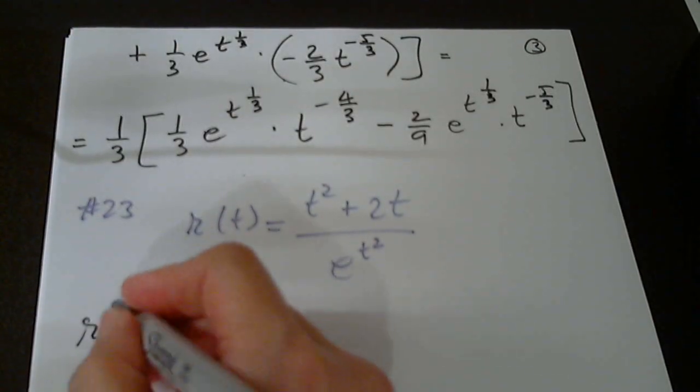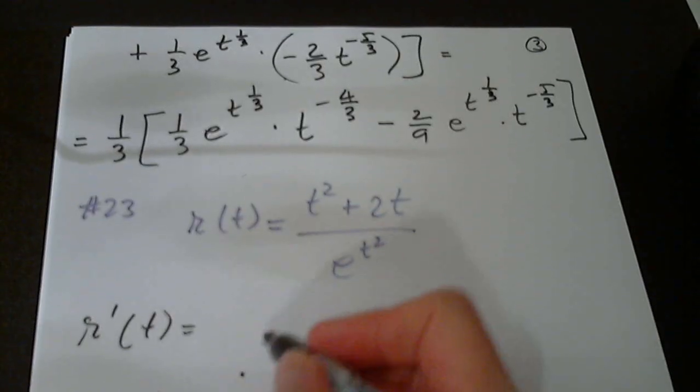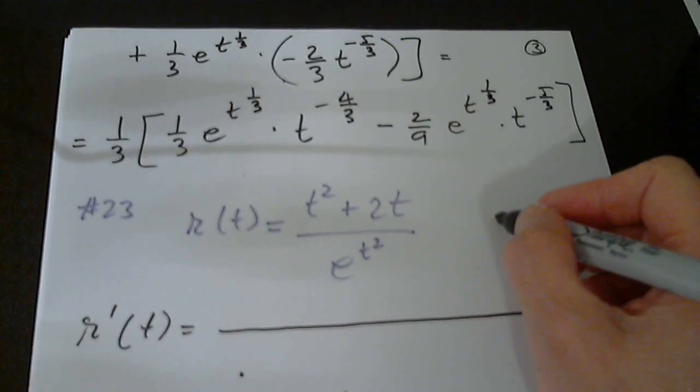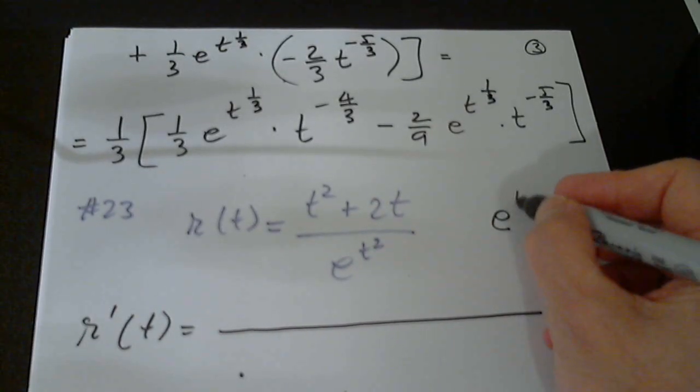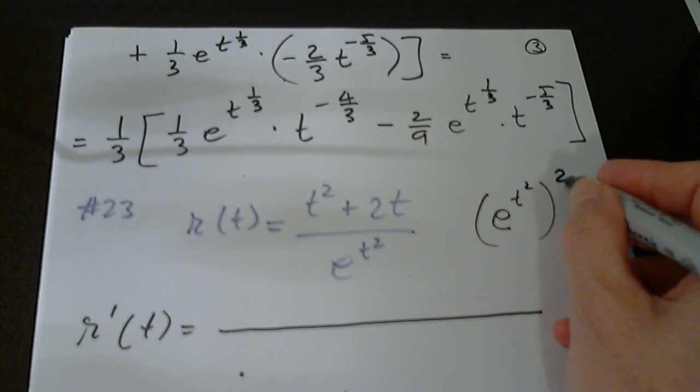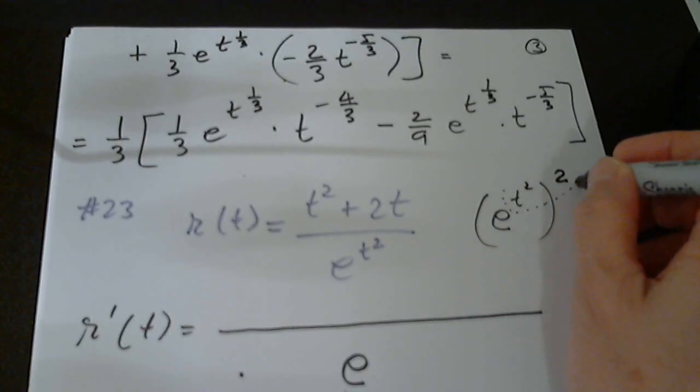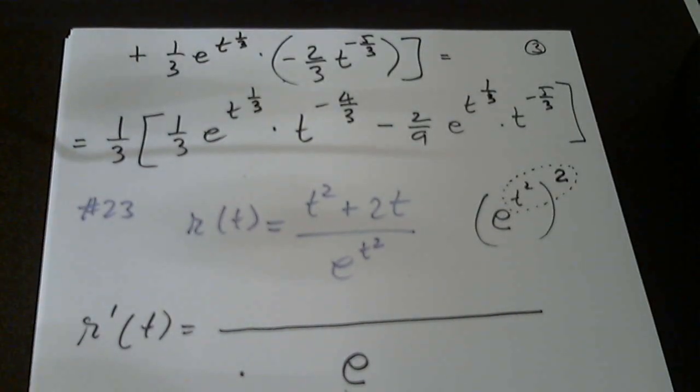Quotient. Excellent. So r prime of t. I know I have to square this. Remember when I square e to t squared, squared, I copy the base, and what happens to the exponents? Anyone, please?